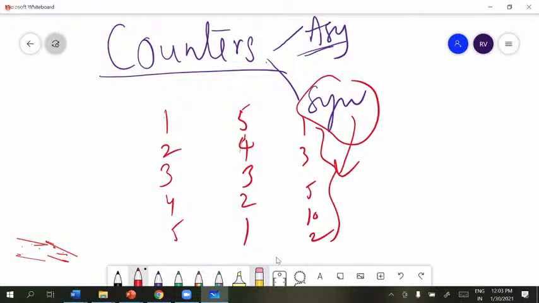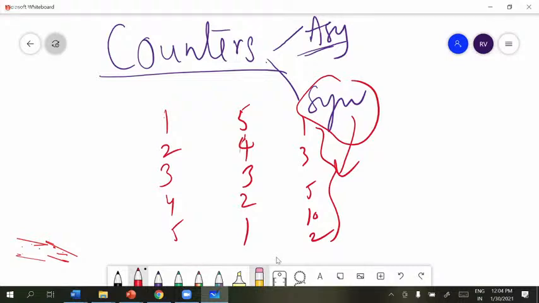What is a practical application of the counter? Ma'am, used in timers. Traffic signals. In industries, when they prepare products, some lakhs of components, after manufacturing, the products are standing there and someone is counting them.